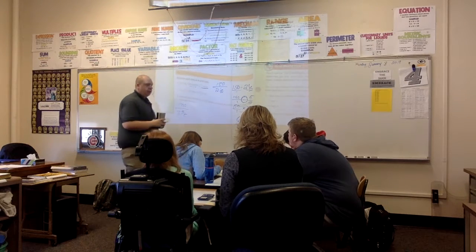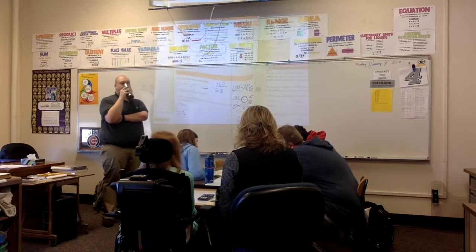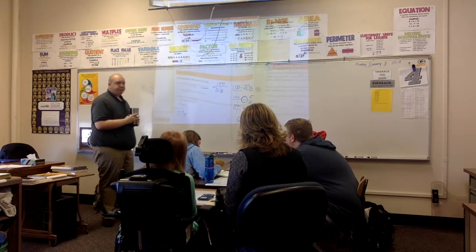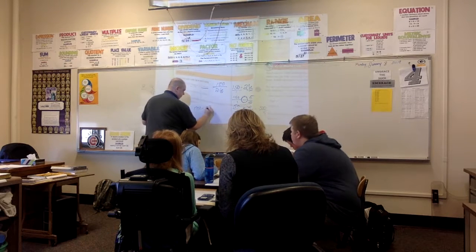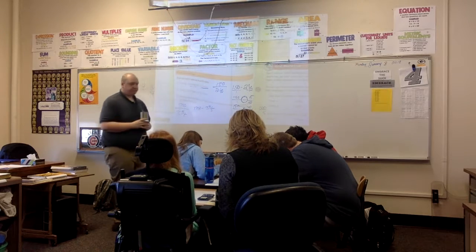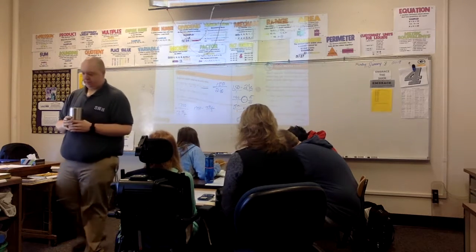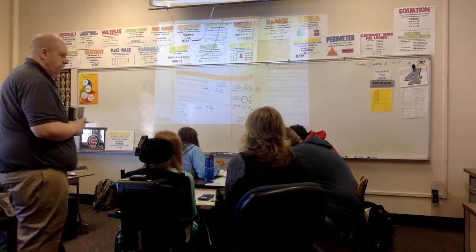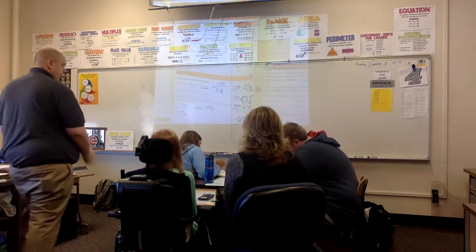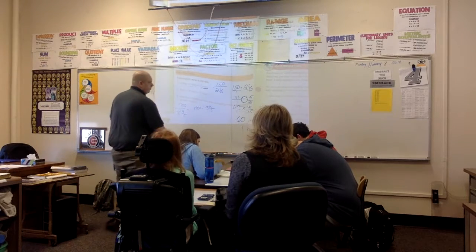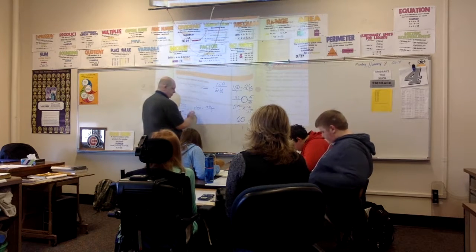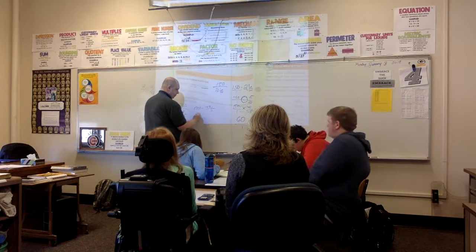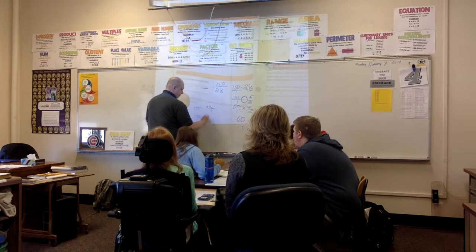What should I do first, Jacob? Okay, write it as division. Then what, Tessa? 1,700 times 3 2/5.